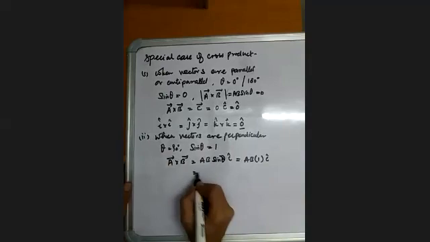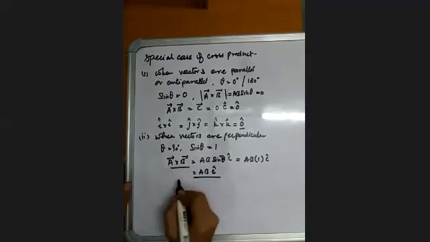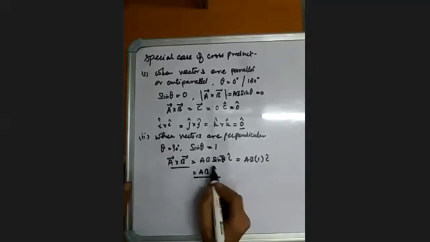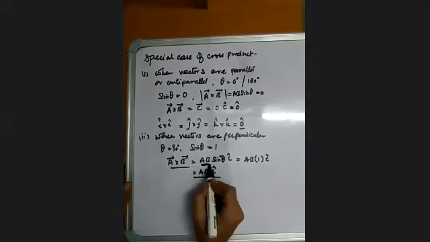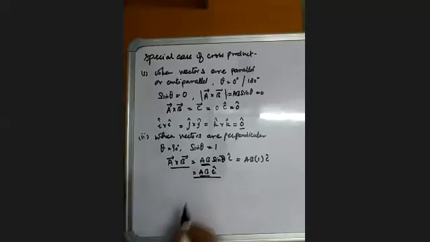So it will be equal to AB C cap. Okay, so the cross product of two mutually perpendicular vectors is a vector whose magnitude is equal to the product of the magnitudes of the two vectors, and the direction is perpendicular to the plane containing A vector and B vector. So that is the cross product of two vectors when the two vectors are perpendicular to each other.